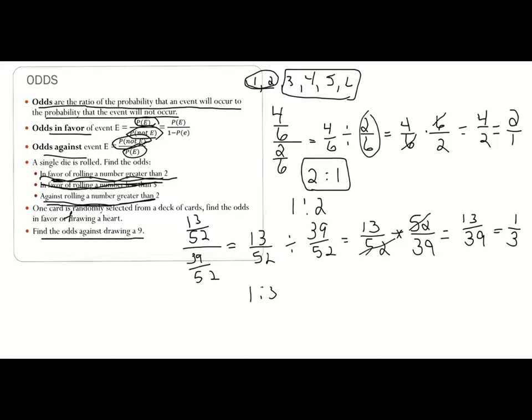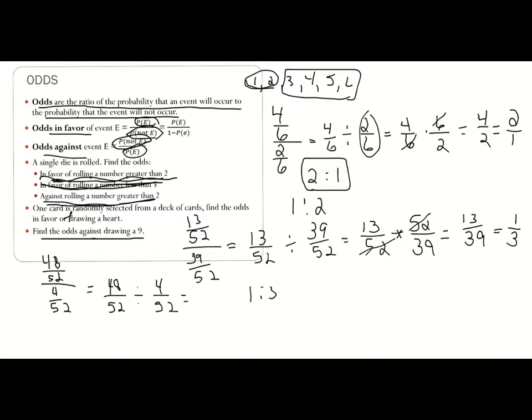If you think about our problem, we have 4 9s, but we want against drawing a 9. So if there are 4 9s out of 52, that means there are 48 cards that are not 9s. 48 out of 52 over 4 out of 52. So when we do the math here, we'll have 48/52 divided by 4/52.